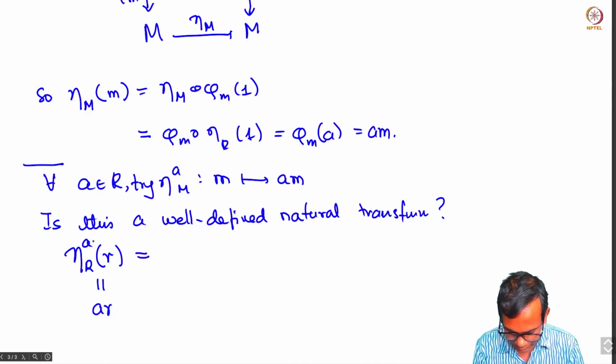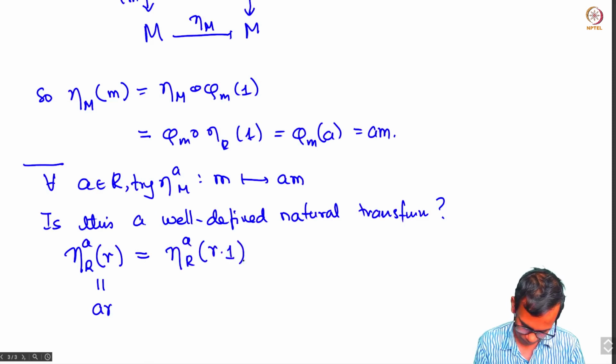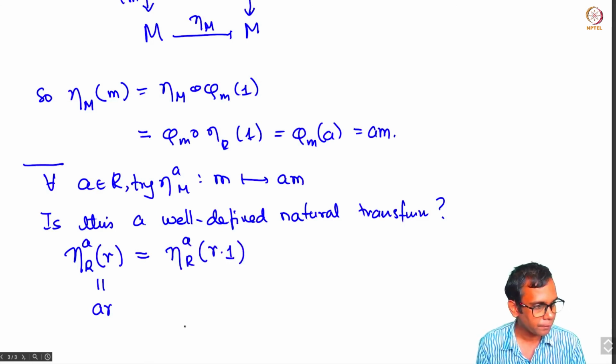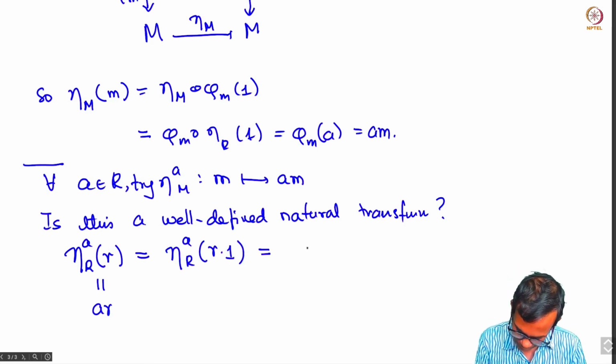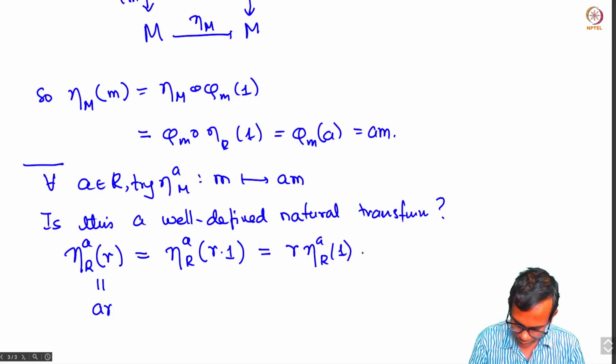But on the other hand, this needs to be an R module homomorphism. So this should be eta^a of r, which I can write as r times 1. But that is by definition, because this is an R module homomorphism, r times eta^a of 1, but that is r times a.